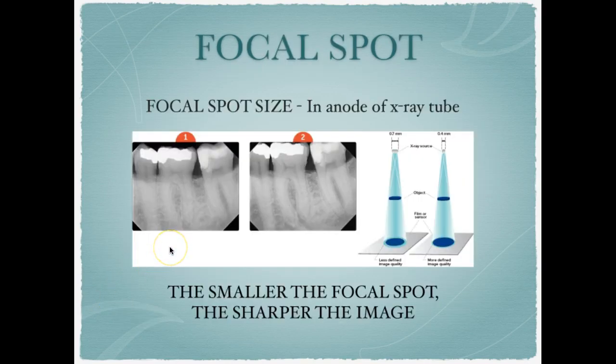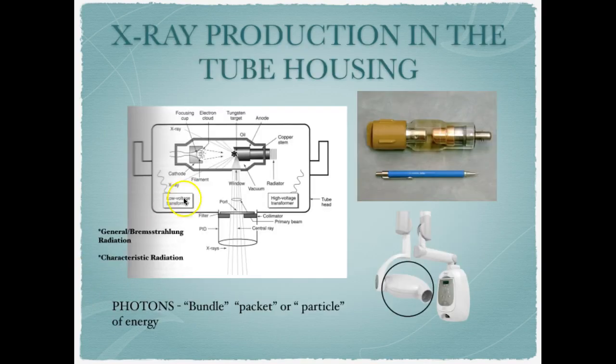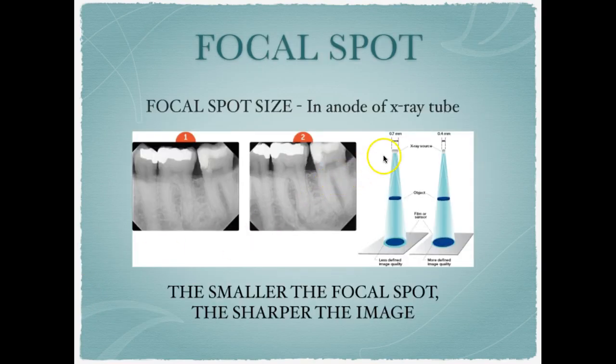Let me talk a little bit about the focal spot, which is a place on the tungsten target. In the manufacturing of the machine, the focal spots can be different sizes. Through experiments, and the development and modernization of X-ray equipment, it has been found that the smaller the focal spot, the smaller the beams of X-rays, and you get a sharper image.